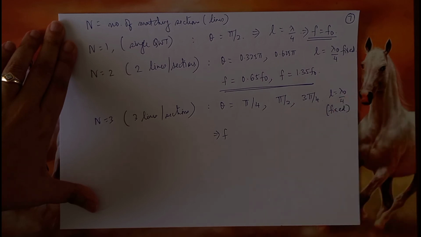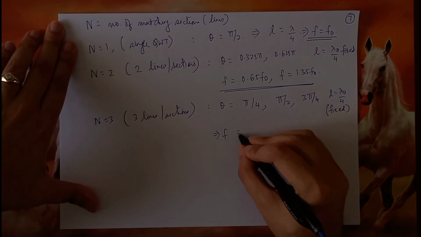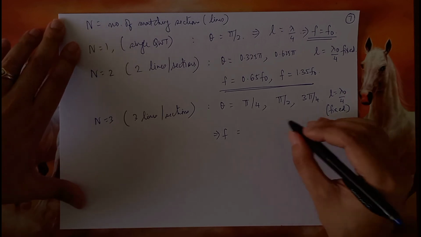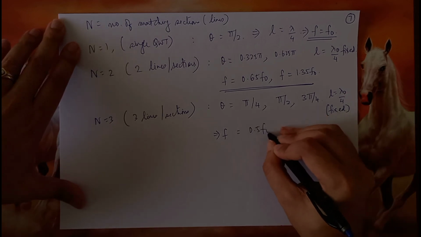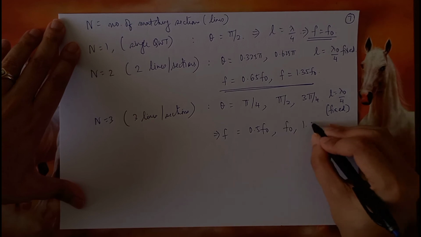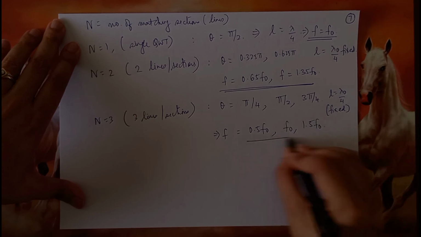You can simply substitute into beta L in this fashion and you will get the frequency as 0.5 f0, f0 as well as 1.5 f0.